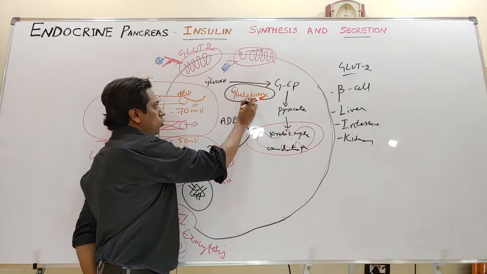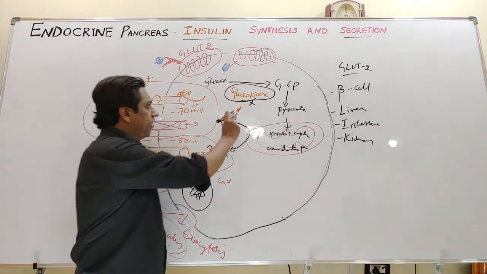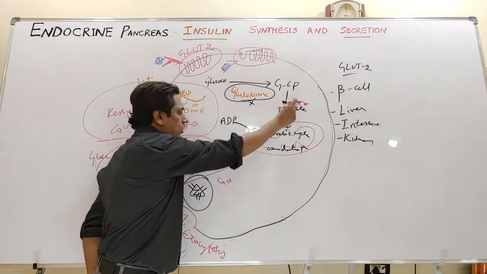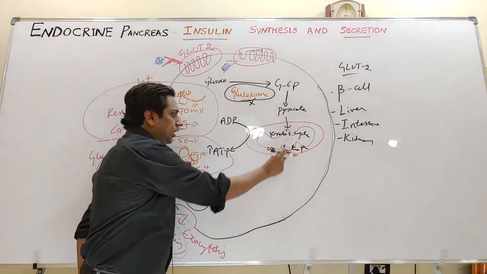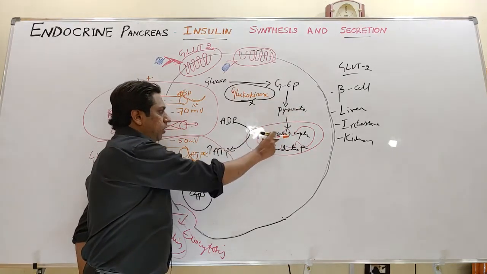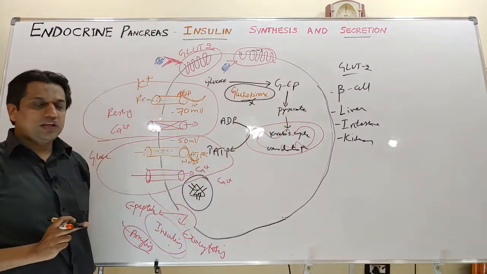Suppose this glucokinase is not functioning properly, if there is a defect in this enzyme, then glucose will not be converted into pyruvate, that is, the glycolysis process is affected, and ultimately there is no formation of ATP because the Krebs cycle and oxidative phosphorylation substrates are not there.